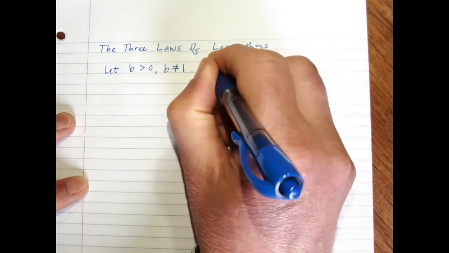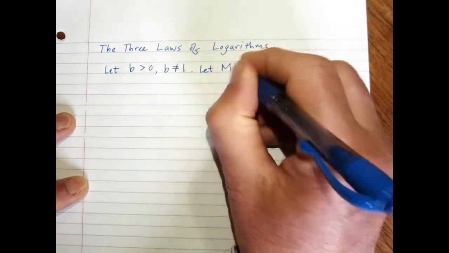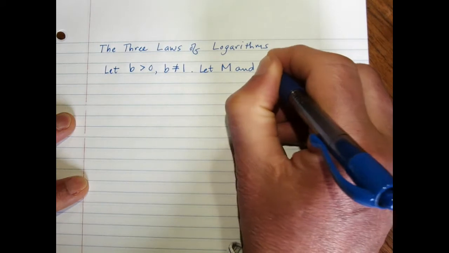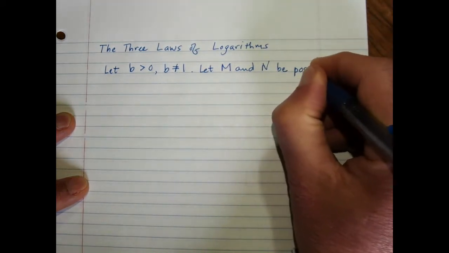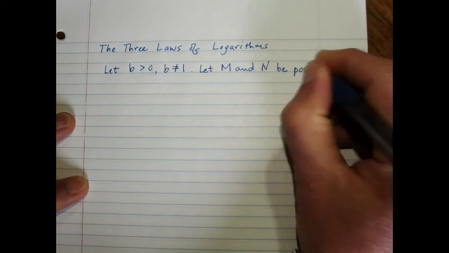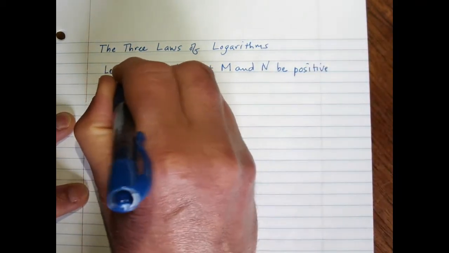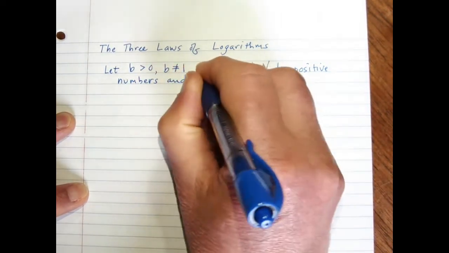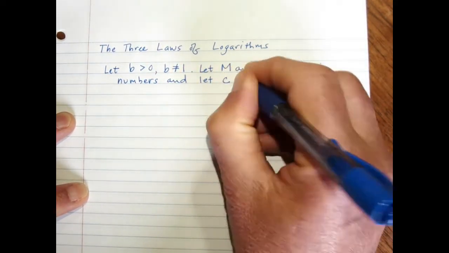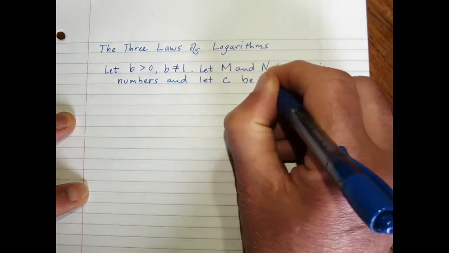We're going to let capital M and capital N be positive numbers, and we're going to let c be any number.